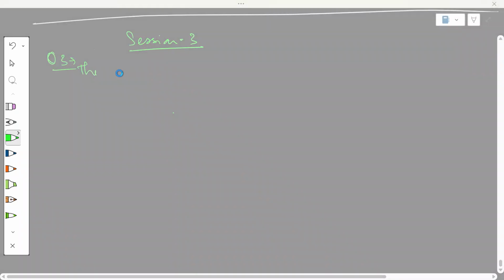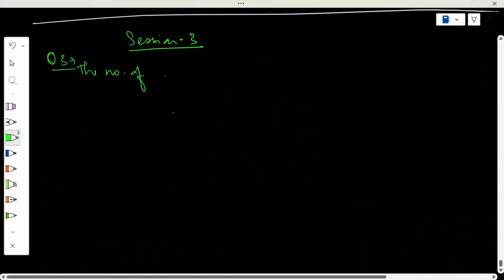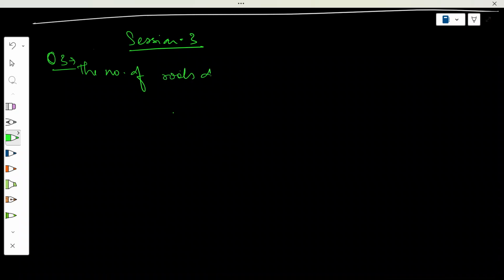The next question is question number 3. We are in session number 3. It is given that we have to find the number of roots of the equation x minus 2 over x minus 1 is equal to 1 minus 2 upon x minus 1.